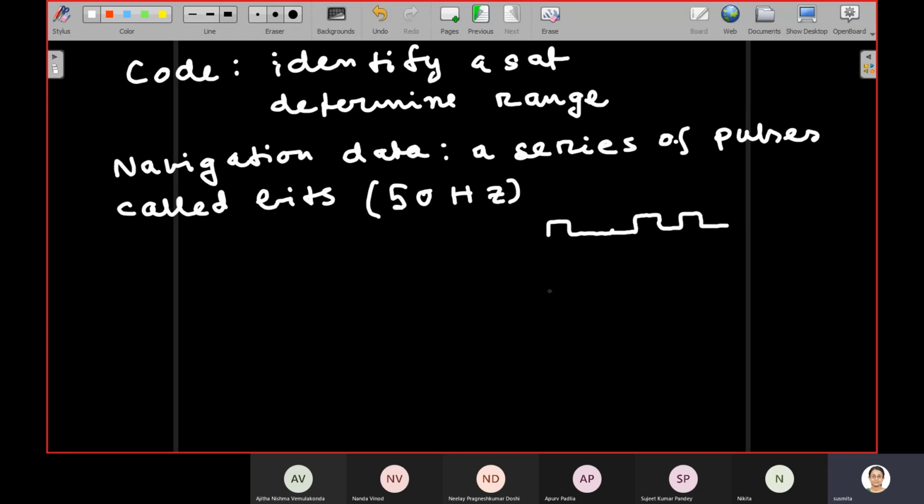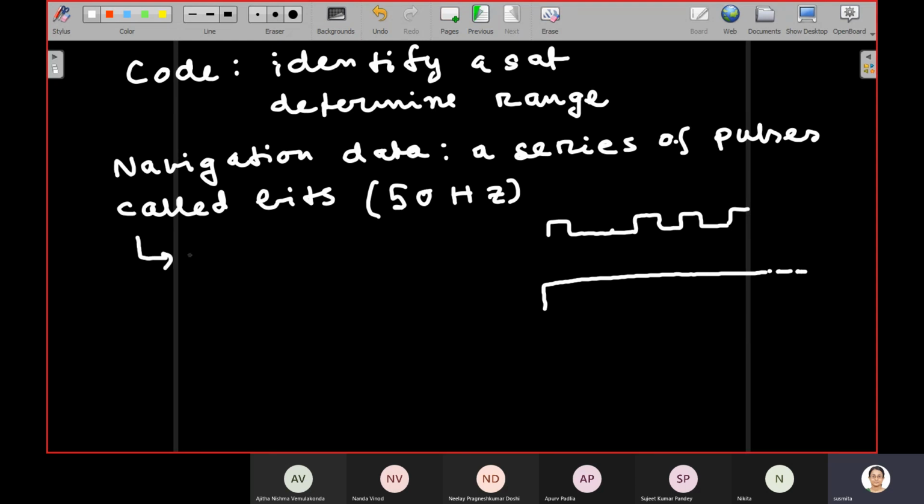In navigation data, you have to represent with longer pulses, much longer pulses. But again, this is a series of plus minus ones or zeros and ones. And what does it contain?